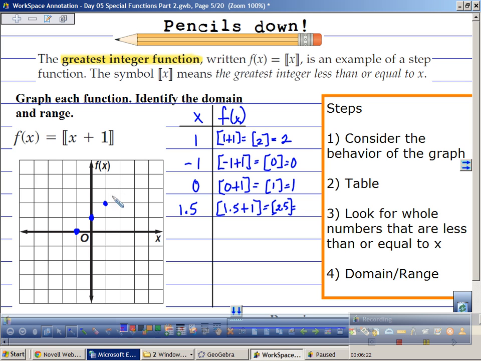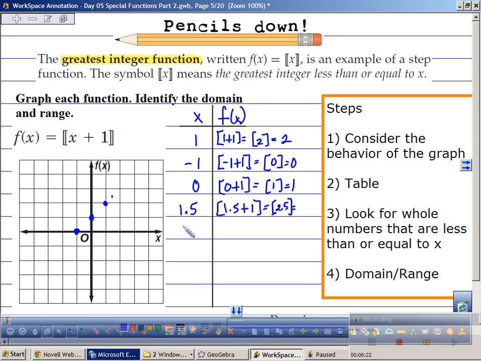The greatest integer function means the greatest integer less than or equal to x. What is x? What did I put in? Okay, let's discuss this. Is 1.5 an integer? What are the integers? Remember we talked about all different types of real numbers?